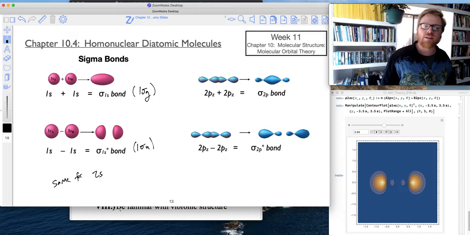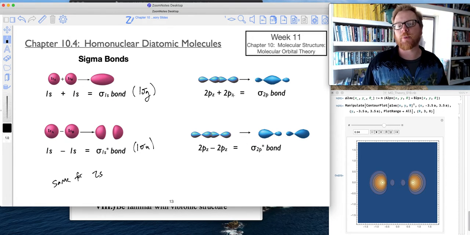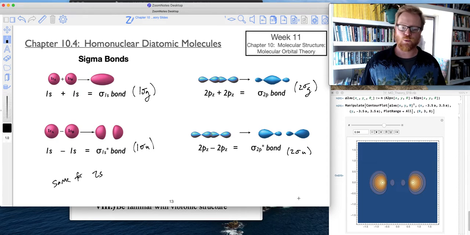They still make what we call the 1 sigma g and the 1 sigma u. When I make linear combinations of 2pz and 2pz, I make the sigma 2p bond. In Gen Chem, that's what we would call it. The more correct name would be 2 sigma g. And of course, I can make this antibond just like I showed you from subtracting these. I could call it the sigma 2p star in my Gen Chem book, but the more correct nomenclature we use for spectroscopy is 2 sigma u. Okay.